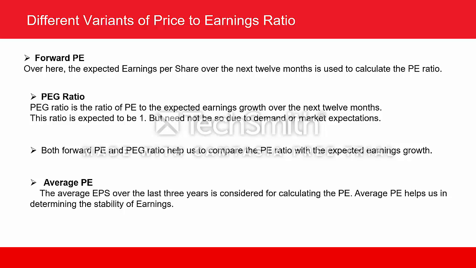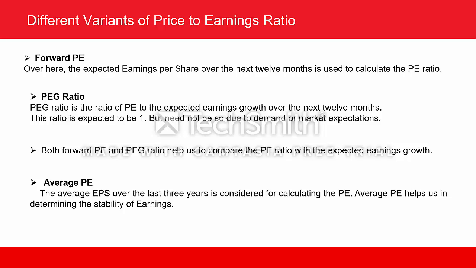And the other ratio is the PEG ratio, which is the ratio of the PE, price to the trailing 12-month earnings, to the expected earnings growth over the next 12 months. So as I told you in the above case, because of sudden new information that has just come into the market, this ratio could be below 1, like in the above case which I explained, or it could be above 1 as well.